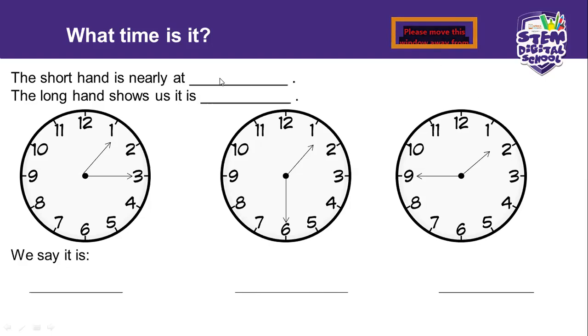Our shorthand, our short arm, where is it nearly at? It's nearly at 2 as well. Okay. And then the long hand shows us it is, that's correct, it's 1/4 to.